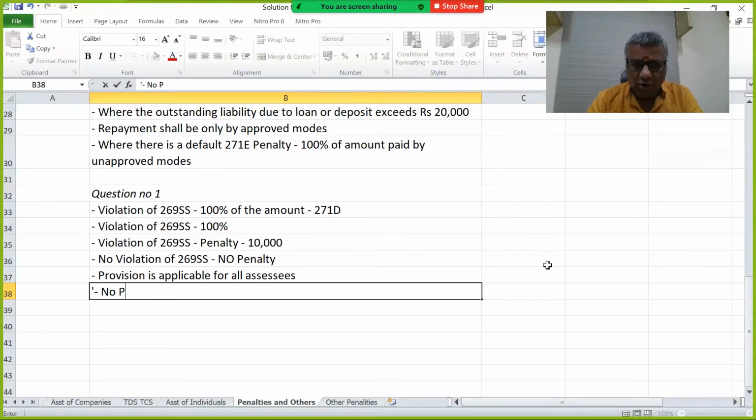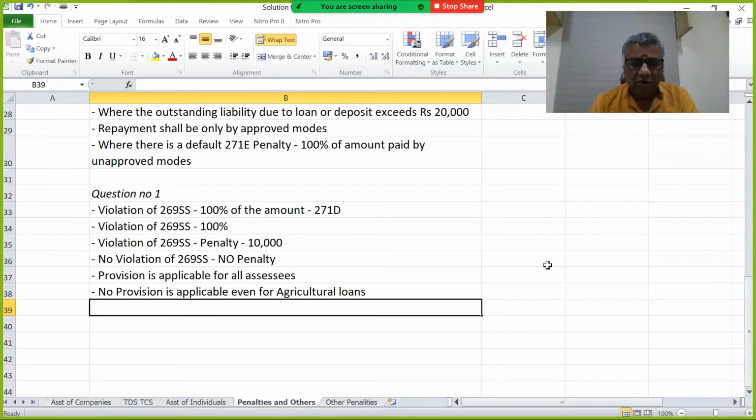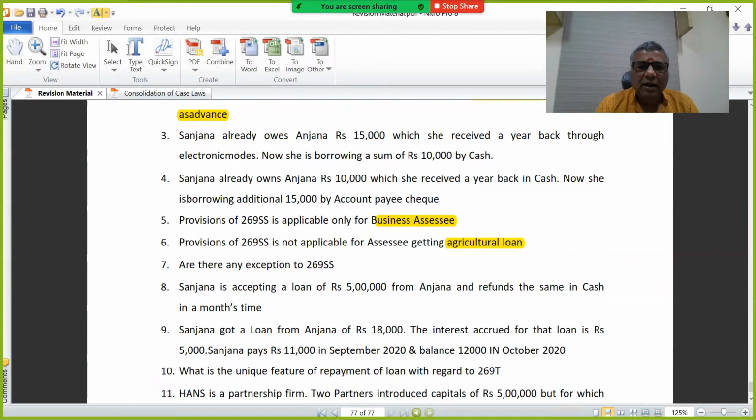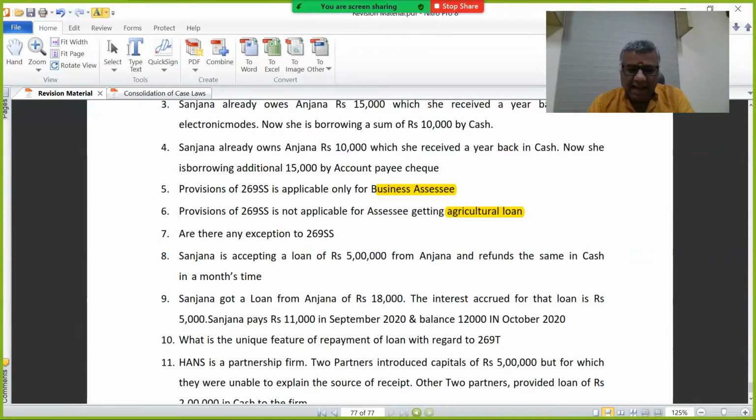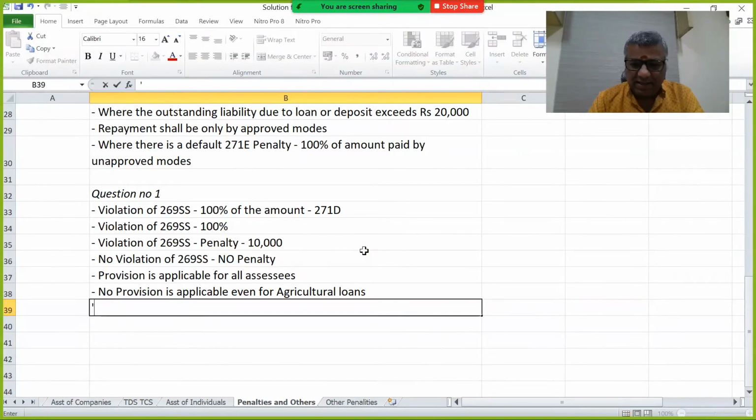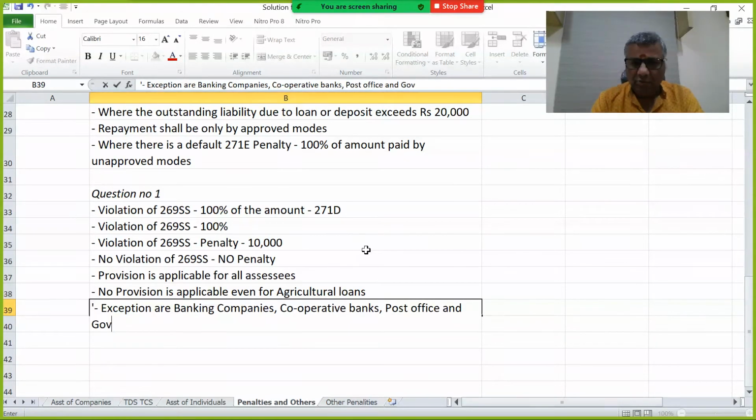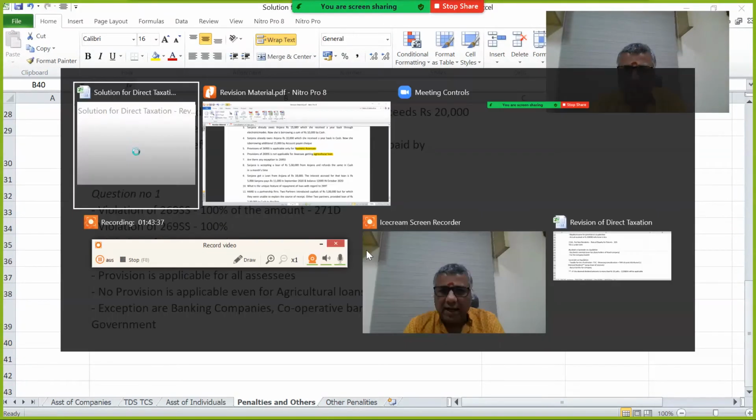The provision is applicable even for agricultural loans. Are there any exceptions to 269SS? Yes, the exceptions are banking companies, cooperative banks, post office, and government. They can accept in cash.